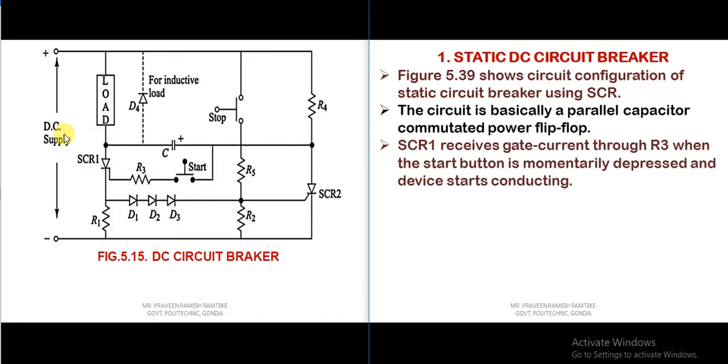SCR1 receives the gate current through R3 when a start button is momentarily depressed and the device starts conducting. The function of this switch and the R3 resistor is to provide the gate pulses to the SCR. As soon as we apply the triggering pulses to SCR1, it will start conducting.